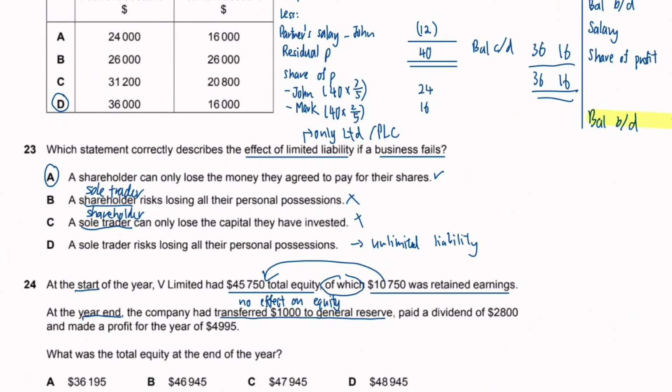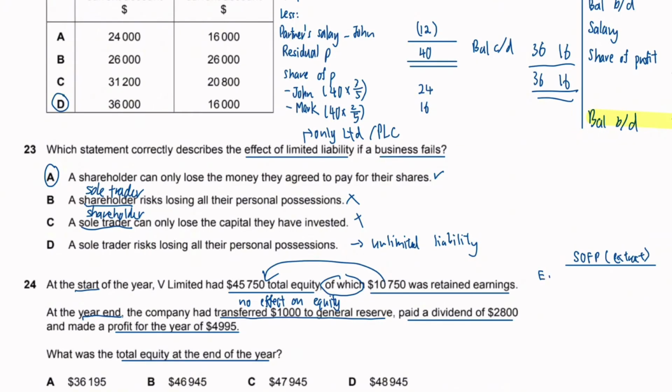So none. Paid a dividend of 2,800 and made a profit for the year of 4,995. Okay, what was the total equity at the end of the year? Okay, so first we can draw a very simple SOFP abstract.